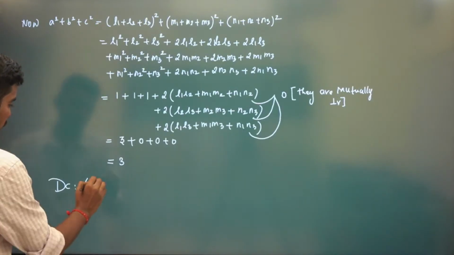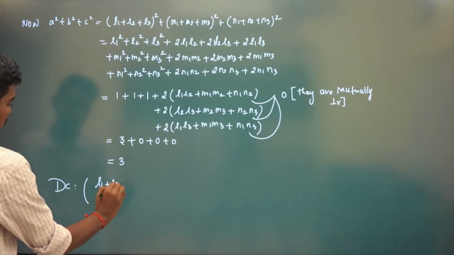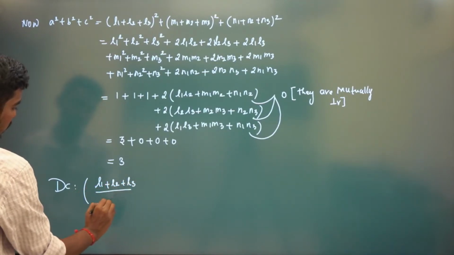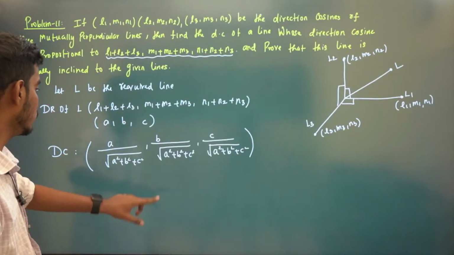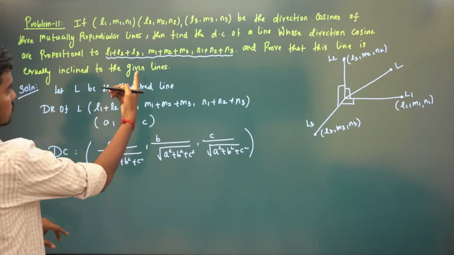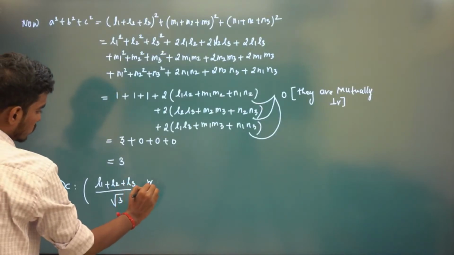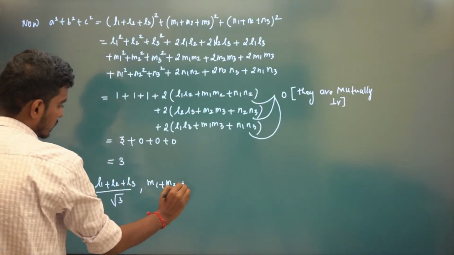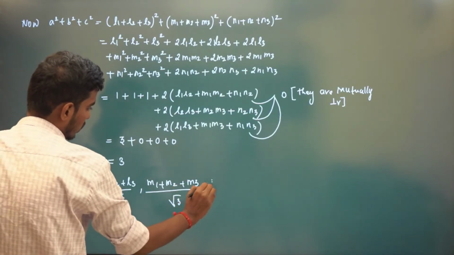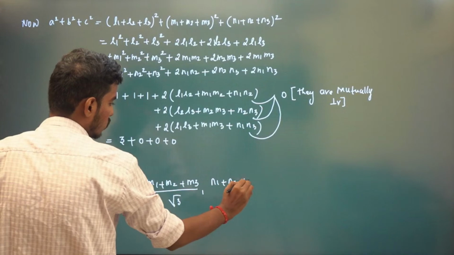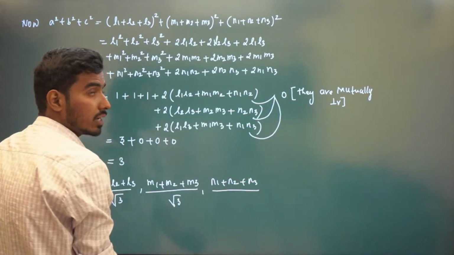So a is L1 plus L2 plus L3 divided by root 3, because a square plus b square plus c square is 3. So root 3. B divided by this, so b is M1 plus M2 plus M3 divided by root 3, N1 plus N2 plus N3 divided by root 3.